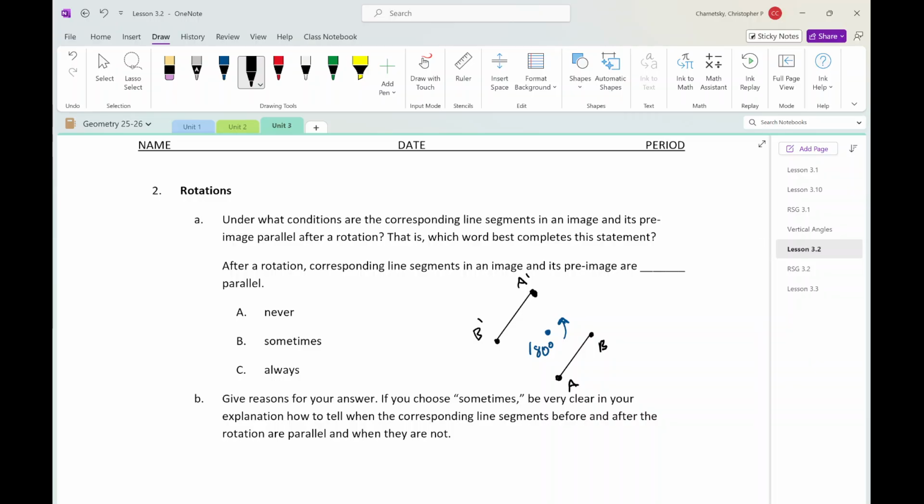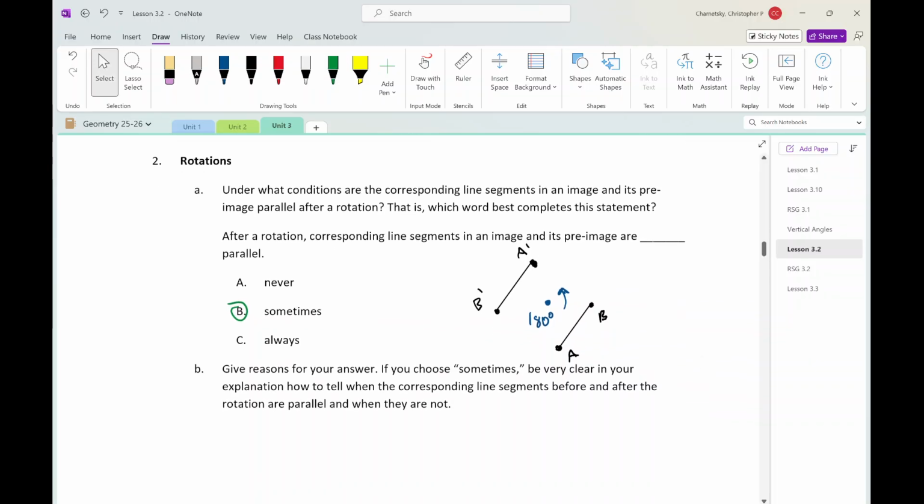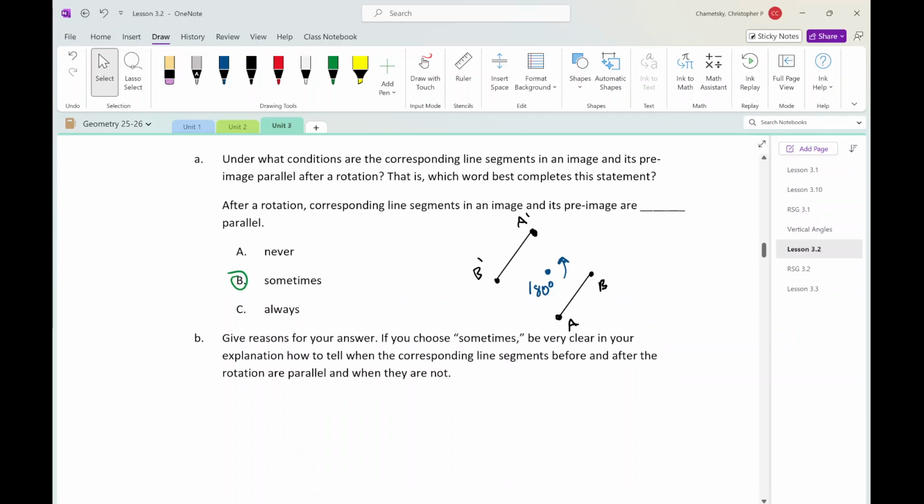It's essentially two 90s. We'll make that parallel flipped-around segment. So this is a sometimes, only when we rotate 180 degrees.